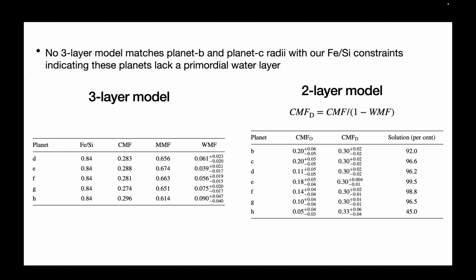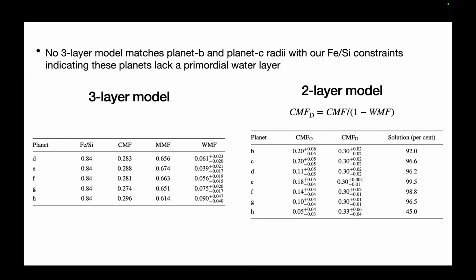And a two-layer model is actually favored for planets B and C, using both our bulk composition constraints and when we consider the evolution history of those planets. If you recall from the video, the inner two planets underwent a series of late-stage giant impacts, which could likely remove any surface oceans those planets would primordially have.